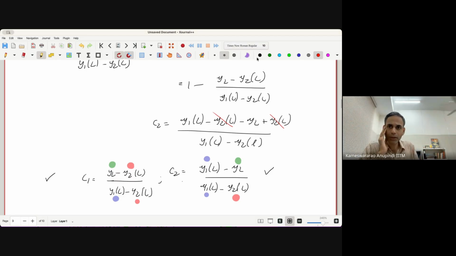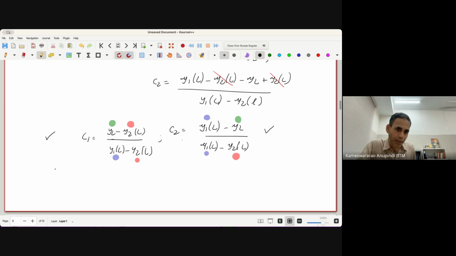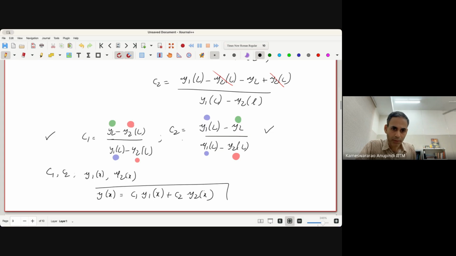Okay. So with all this, I'm able to calculate what is C1, C2. Now I also know what is y1 of x and y2 of x. I can construct my solution y of x simply by multiplying C1 with y1 of x and plus C2 times y2 of x. That's all, right? Now this is my solution.